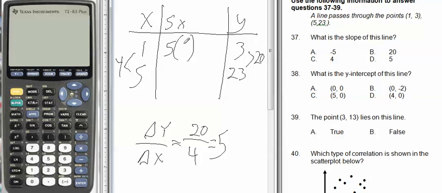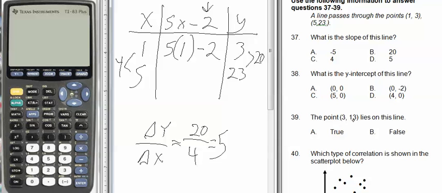So 5 times 1 would be 5, plus or minus what equals 3? That's minus 2. So our formula is 5x minus 2. So y equals 5x minus 2, so the y-intercept would be -2, or 0, -2.